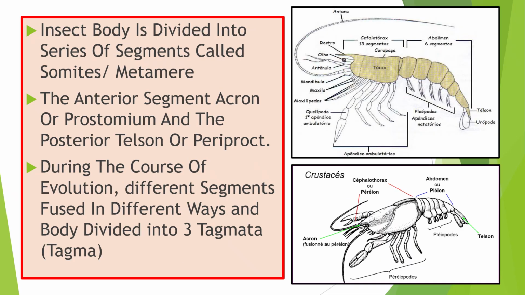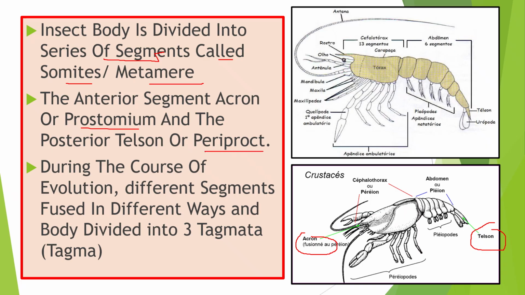The insect body is divided into a series of segments. Those segments are called somites, or also metameres. The anterior segment is called the acron. You can see the acron here, and the posterior segment is called the telson. The acron is also called the prostomium, and the telson is also called the periproct.